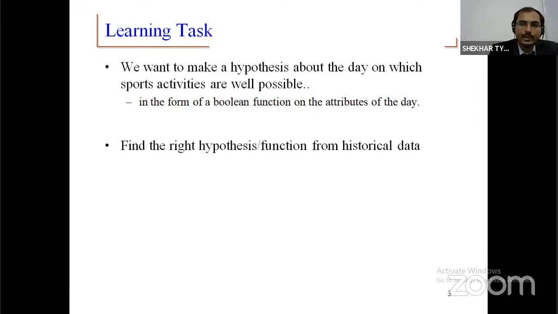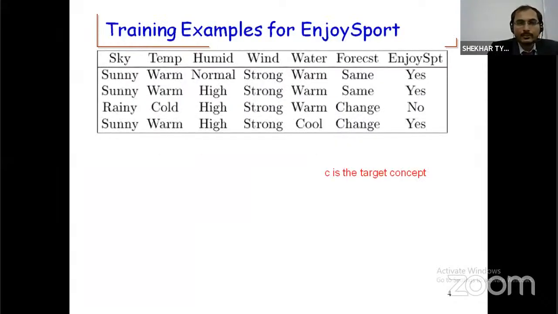In this example, we are taking a certain type of attributes, and on the basis of these attributes we will be deciding what kind of learning task will be evaluated. Finding the right hypothesis function from the historical data will be of very prime use in that case. So this is our training examples that we have deployed for a particular set of values.